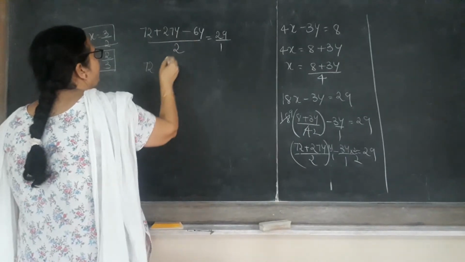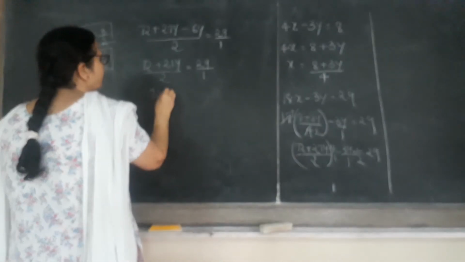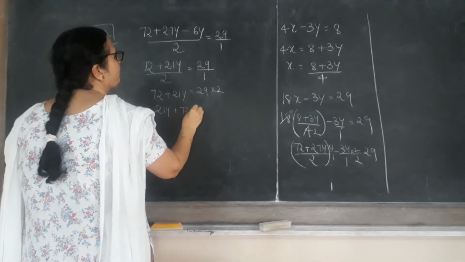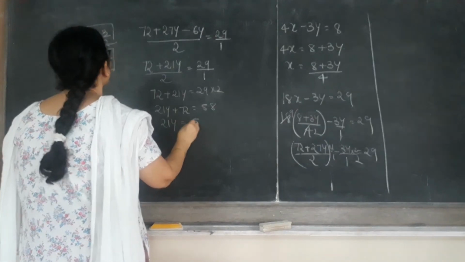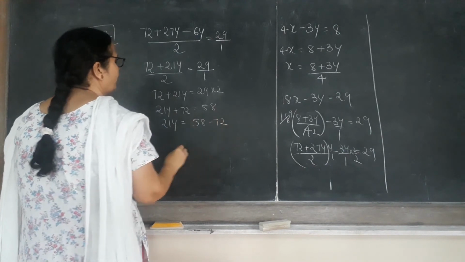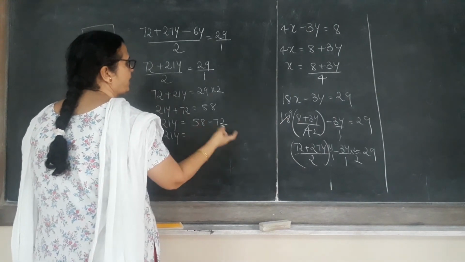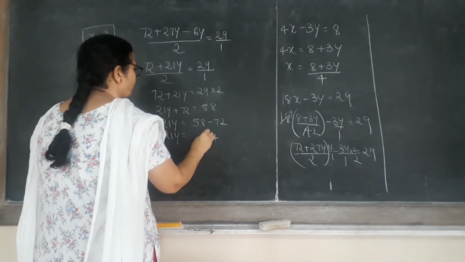Then 72 plus 27y minus 6y, that is 72 plus 21y upon 2 is 29. Cross multiply. 72 plus 21y is equal to 29 into 2. 21y plus 72 is equal to 58. 21y is equal to 58 minus 72. 21y is equal to, that is 58 minus 72, minus 14.